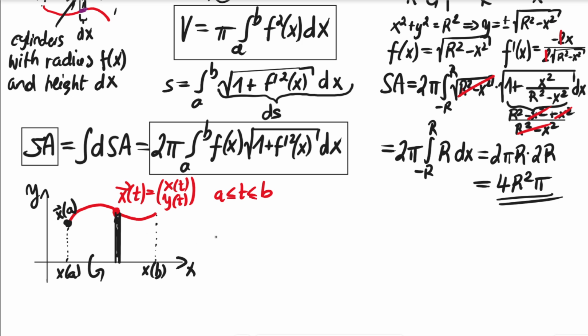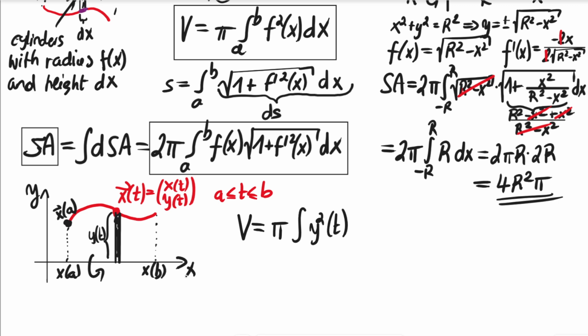I just draw the upper part and can easily write down the formula for the volume. How does it look if you compare to above? You integrate. What is the radius now? It is the y of t component. So the radius squared is y of t squared instead. But you need to integrate according to t now.